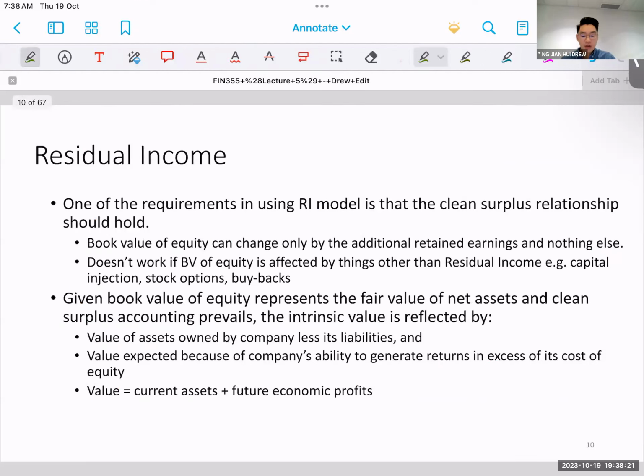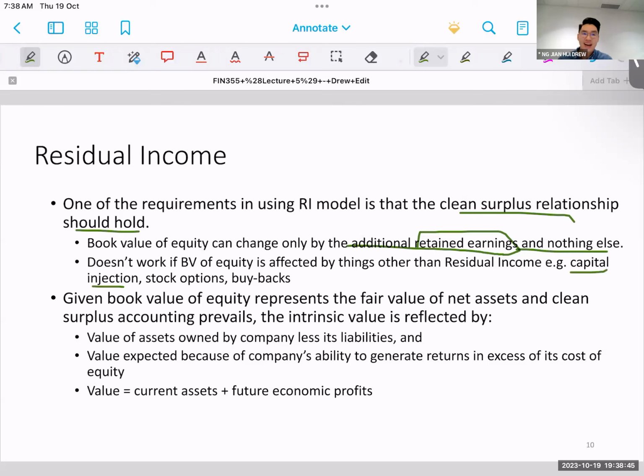Okay, so we did talk about the requirement that the clean surplus relationship holds. What does this really mean? It means that the book value of equity can only change by the addition of retained earnings and nothing else. So we can only use this kind of model when there is no capital injection.